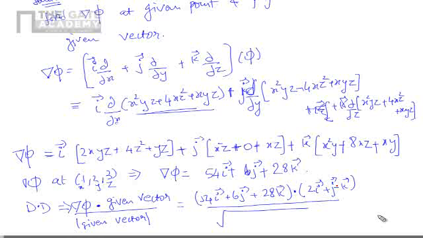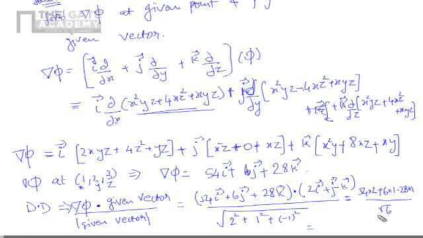So that is nothing but 2 square plus 1 square plus minus 1 the whole square. When you take the dot product, how will you take dot product? We will take the corresponding terms. So this is nothing but 54 into 2 plus 6 into 1 minus 28 into 1 divided by root of 4 plus 1 plus 1, root 6 you will get, right? Root 6.